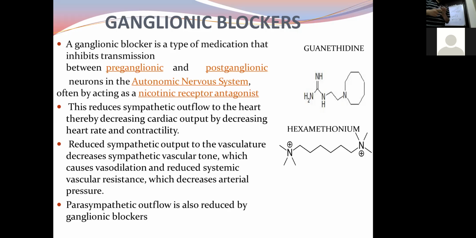So this is the structure of guanethidine and hexamethonium. These are the examples of your ganglionic blockers.